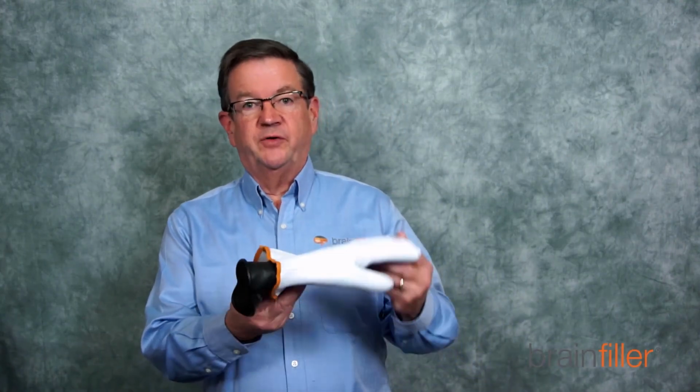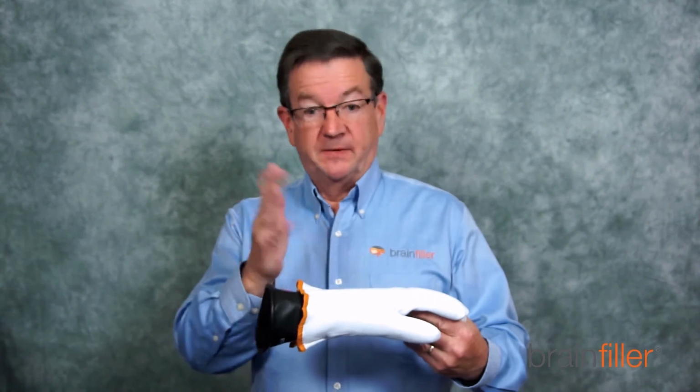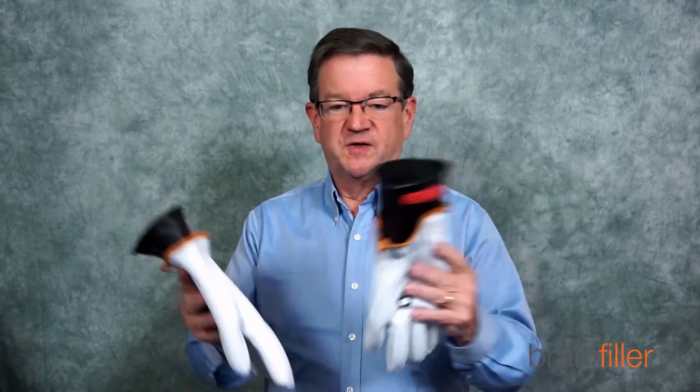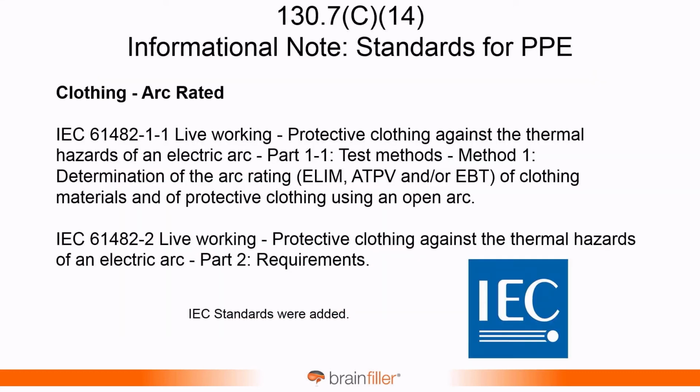So that would be like when you have your voltage rated glove and you have your leather protector, the distance from the gauntlet and the cuff. Right in here, there's a certain minimum distance that's required. Usually you far exceed it, but there's a certain minimum distance for that. And then the original table has just been given a B designation, 130.7C7B, so that is still there.